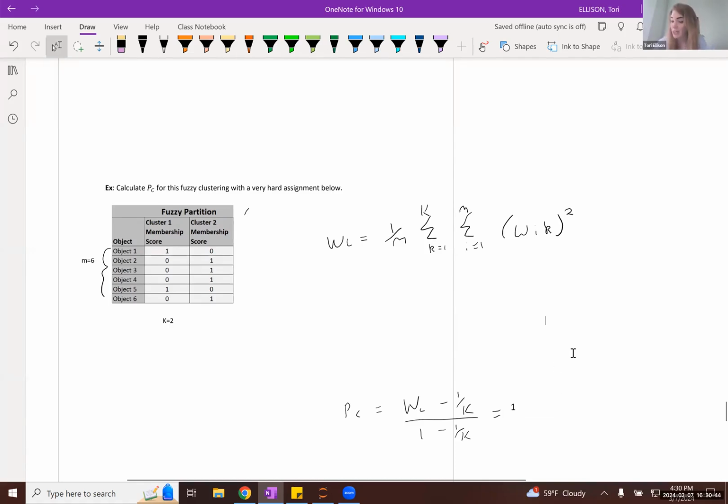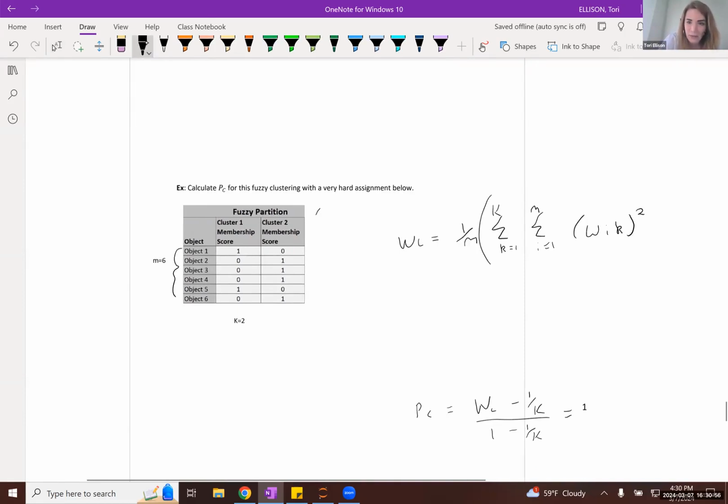Yeah. So if we end up calculating the WC first, what we can actually see is that all we're doing in this part of the equation is simply adding up the squared membership values. So basically 0 squared is simply 0, and then 1 squared is simply 1. So basically we're just adding up all of our 1s from this matrix here.